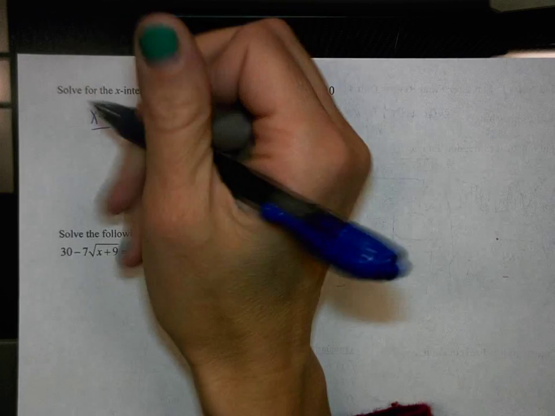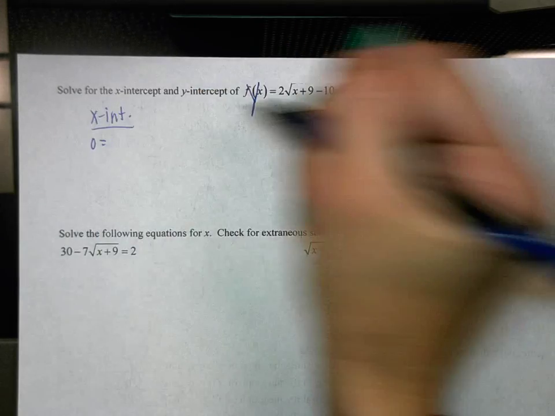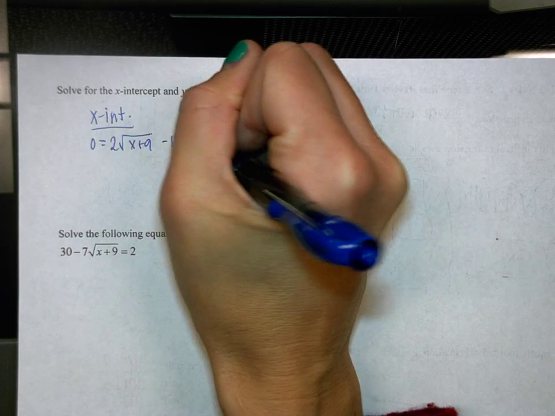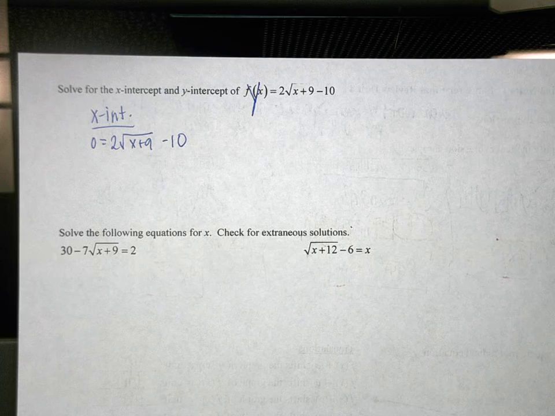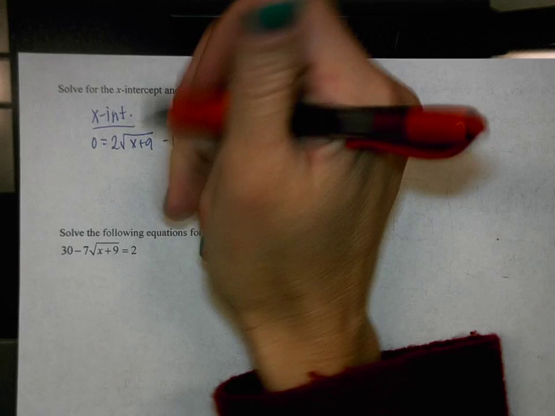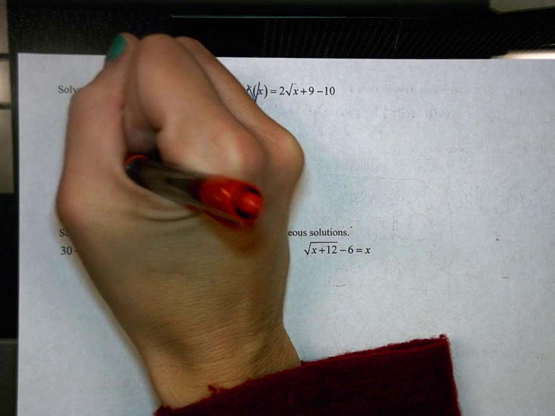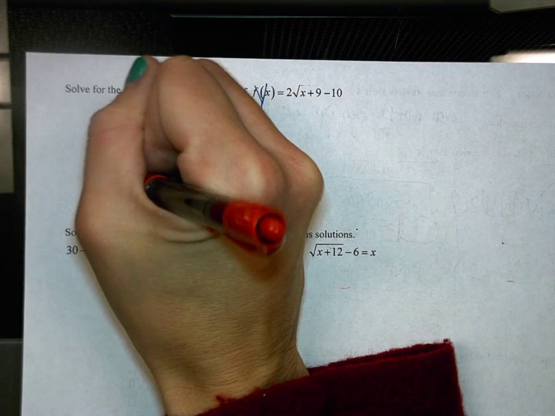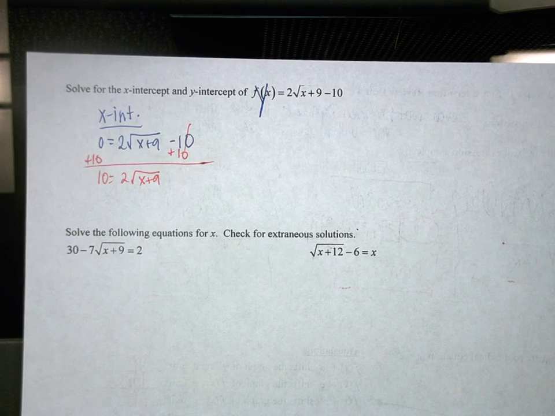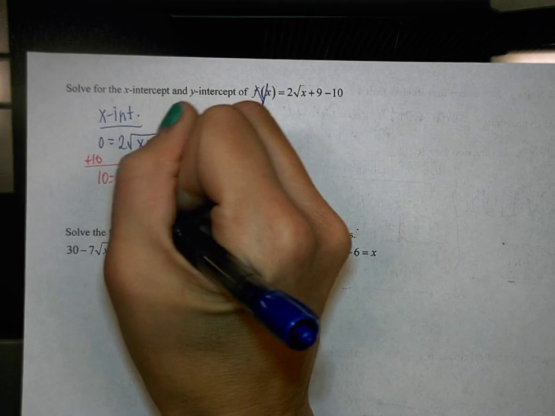So 0 equals 2 root x plus 9 minus 10. Okay, what will I do now? Good. Add 10 to both sides. 10 equals 2 root x plus 9. What will I do next? Good. Divide by 2.